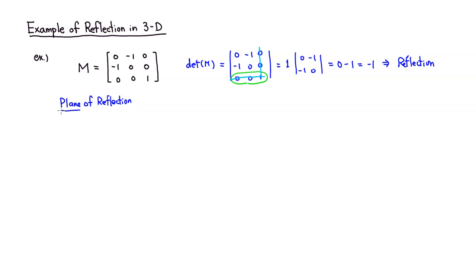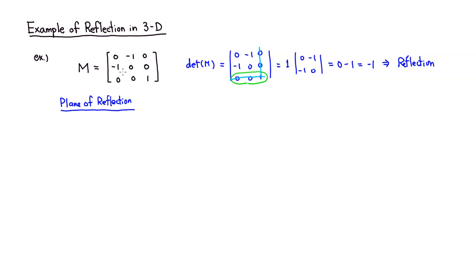In order to describe the plane of reflection, you need to know the normal vector. What happens to the normal vector if you apply this reflection? Since everything is sent over to the other side of the plane, the normal vector is going to be the negative of the original normal vector.